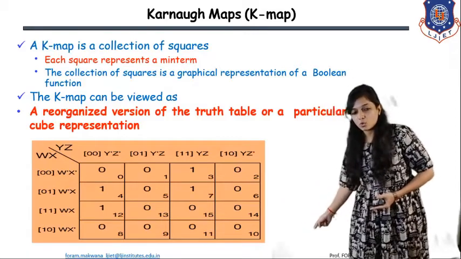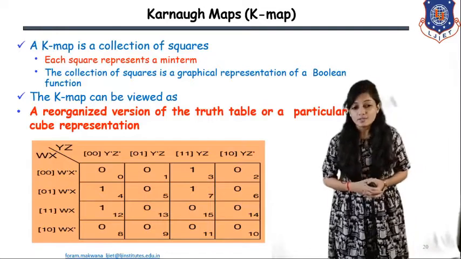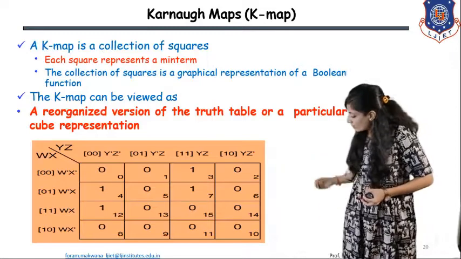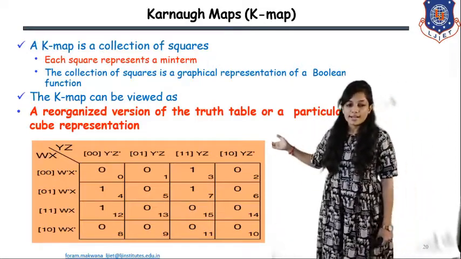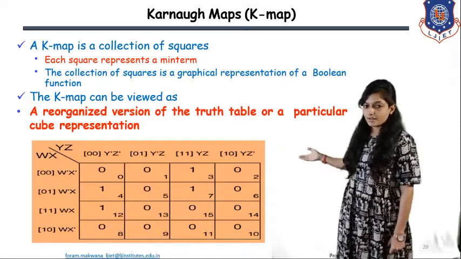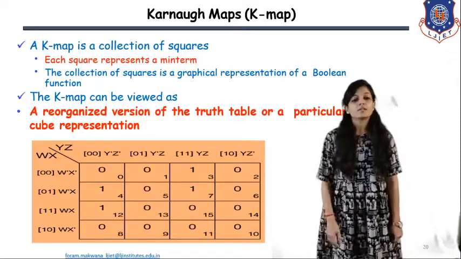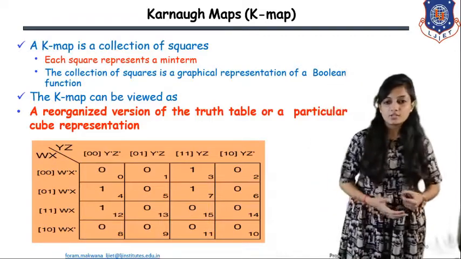And in the last row, WX dash, that means only X changes while W remains as it is. So 0 0, 0 1, 1 1 and 1 0. Similarly column wise, Y dash Z dash, Y dash Z, YZ and YZ dash. So the total combinations are 2 raised to 4, that means 16 combinations.